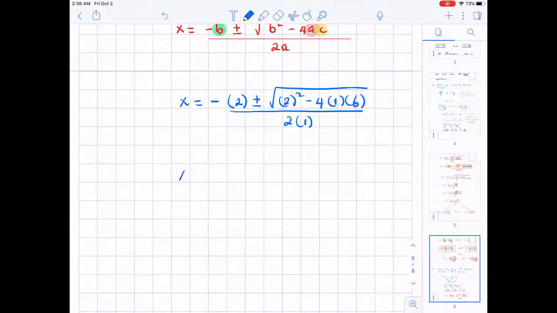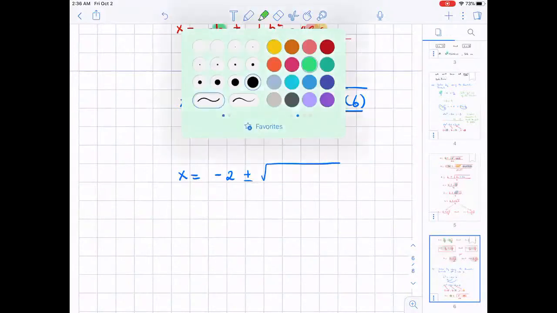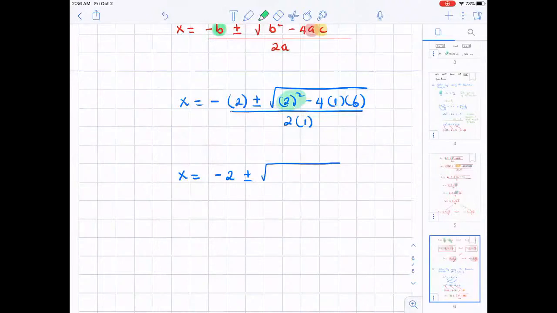So we continue now to make it simple or expand what we have here. Minus 2 plus or minus the square root. We know that when we square 2, we'll get 4.